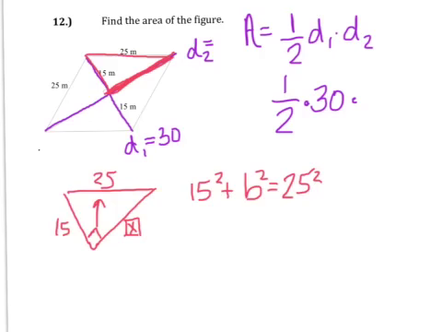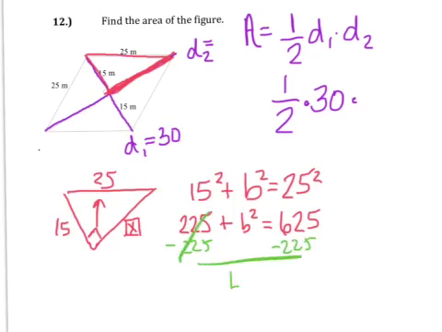Okay, so 15 squared is 225. 25 squared is 625. Subtract 225 on both sides. We get b squared equals 400. Square root both sides. We get that b is 20. Okay.